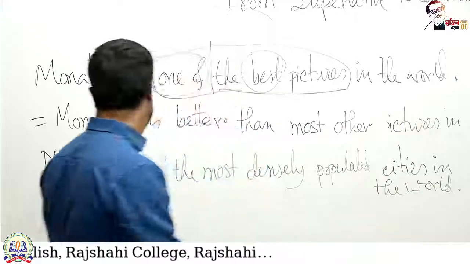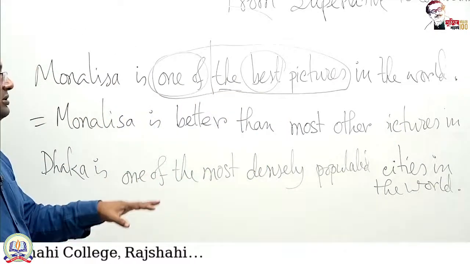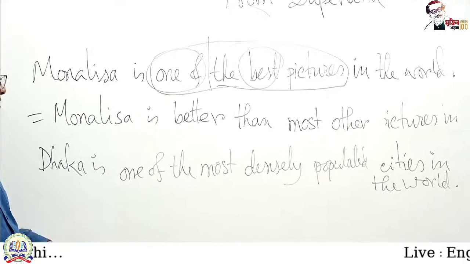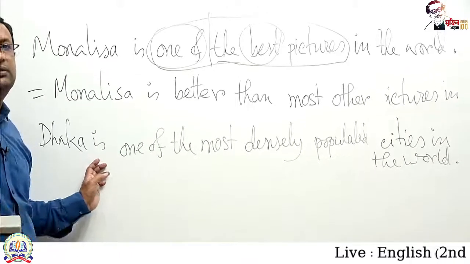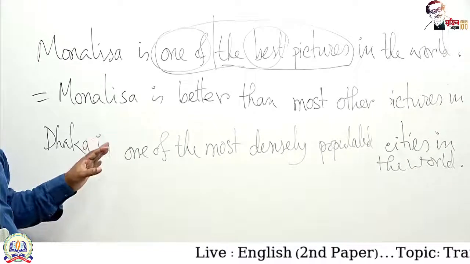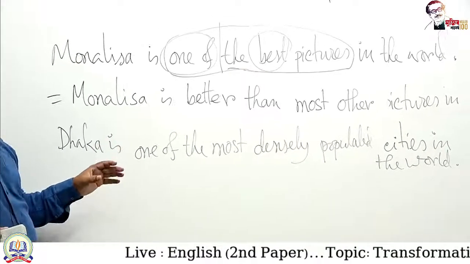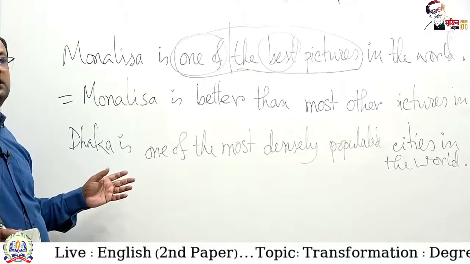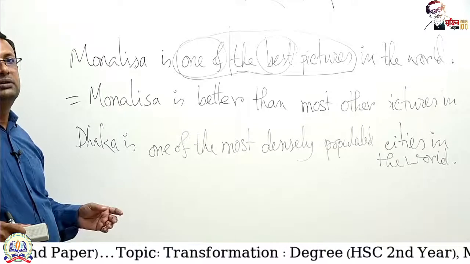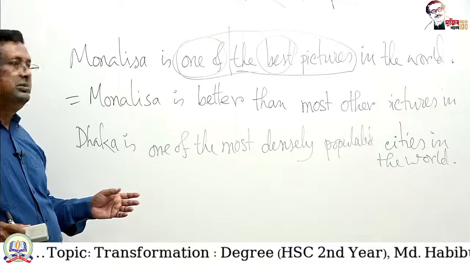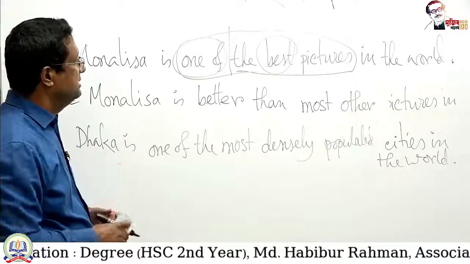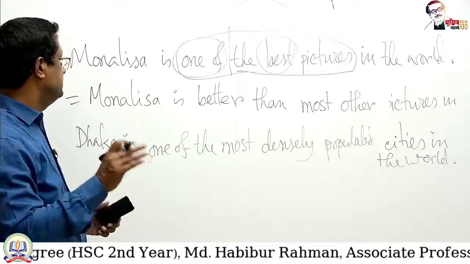This is the sentence. So Dhaka is not the only city which is densely populated, which is populous. There are several other cities in the world like New York, Washington, Moscow, or Beijing. Okay, so there are several other cities in the world of the same status.